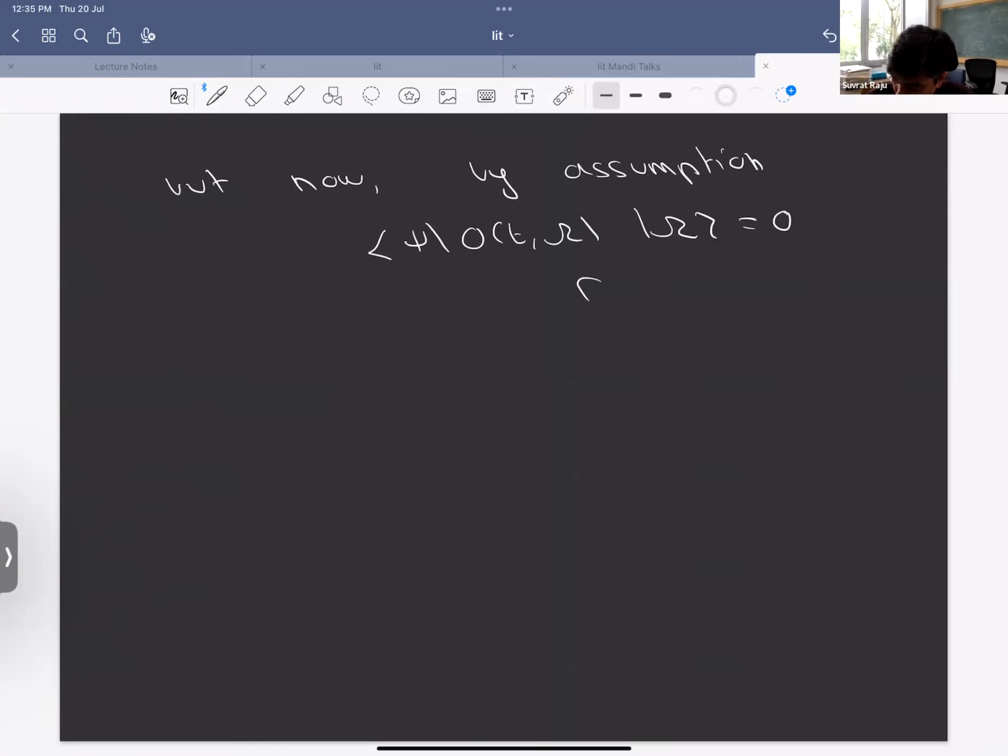But now, by assumption, this is equal to 0 for t in this region. But we know that this matrix element is analytic in the upper half plane. Therefore, a standard result from complex analysis tells us that this matrix element must be 0 for all real t.